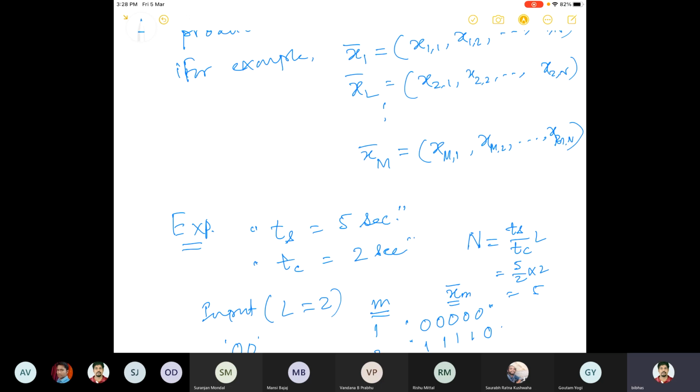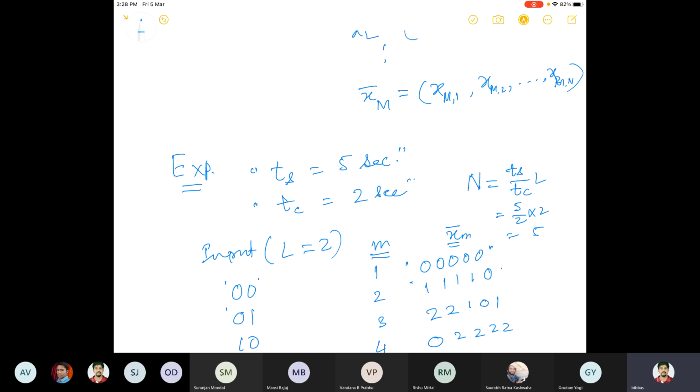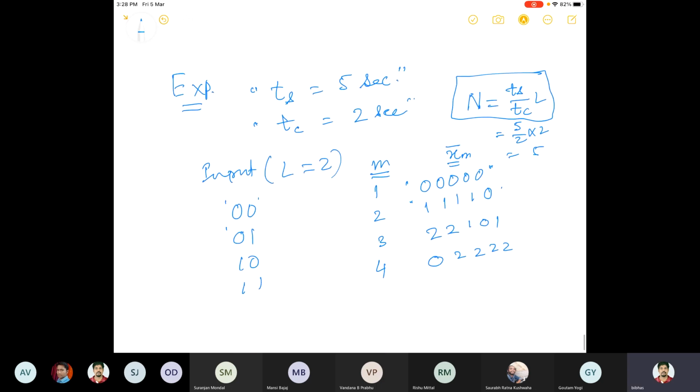So in order to minimize the time gap, and to make the entire system synchronized, you can have this condition: n is equal to Ts by Tc times L. So time is synchronized here. This is a technical thing, but this is theoretically how we can deal with it.